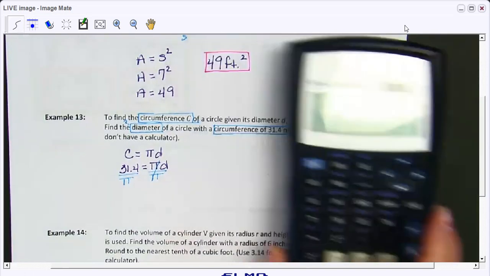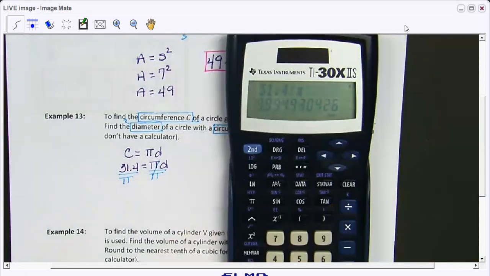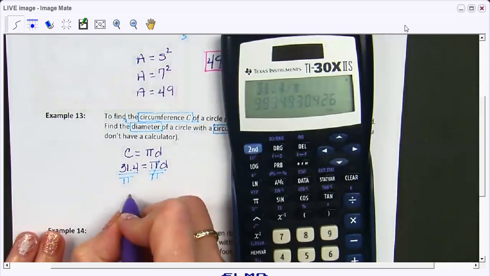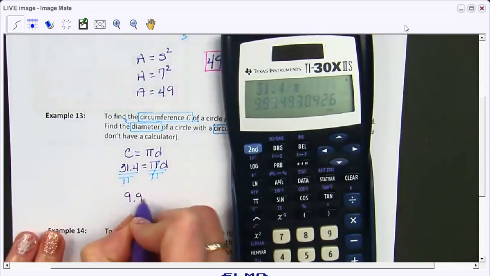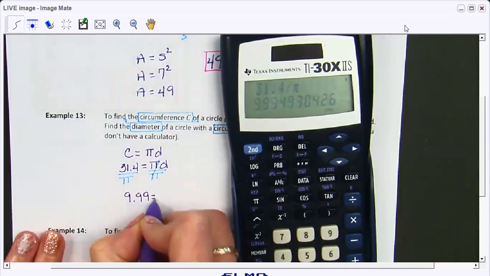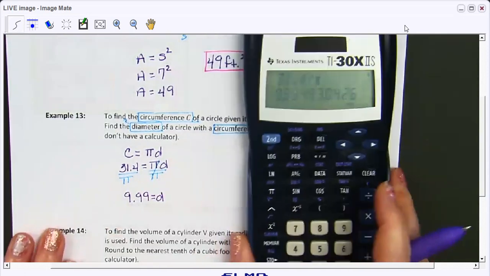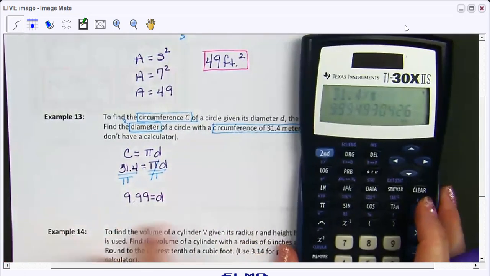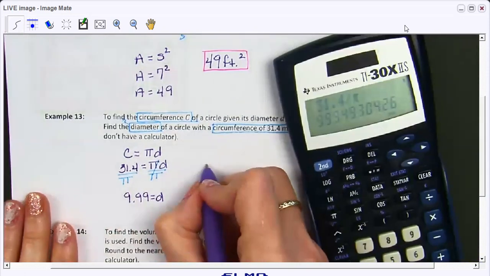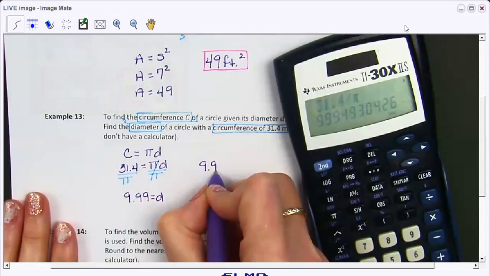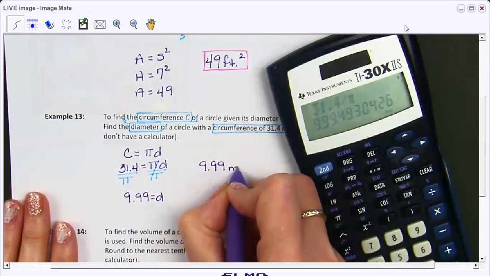Now I am going to round to the nearest hundredths place. So the answer would be 9.99 is the diameter. Again, that's not my final answer though. It's in meters. So the diameter is 9.99 meters.